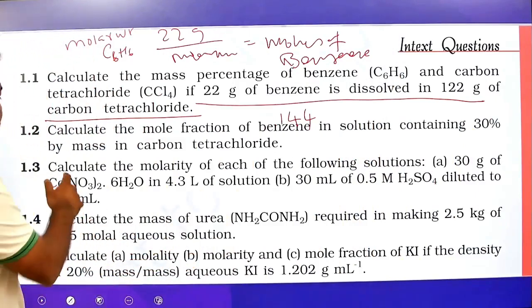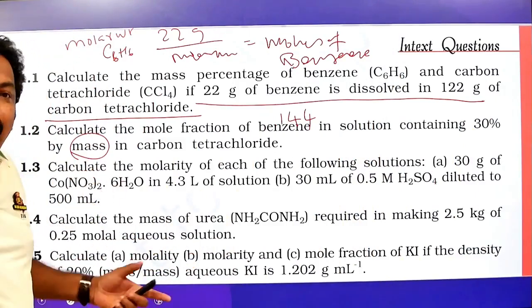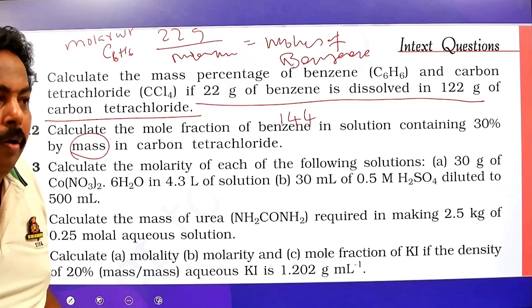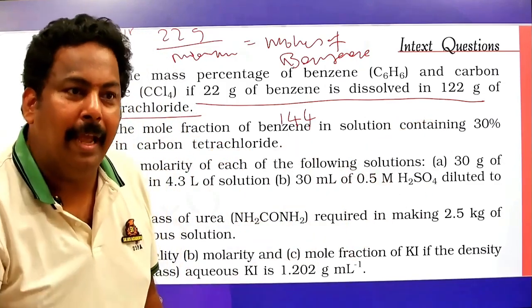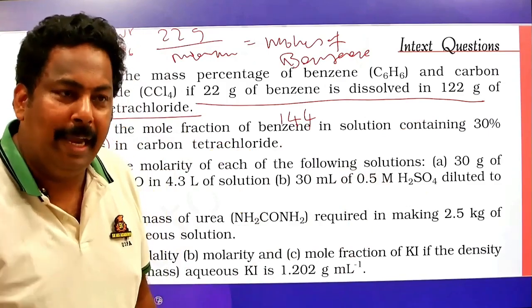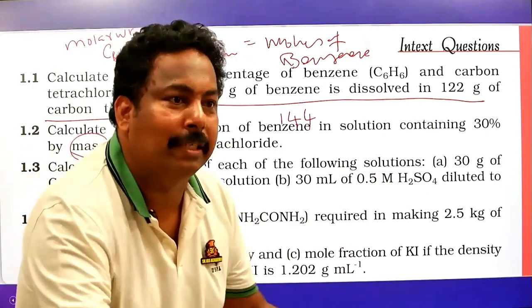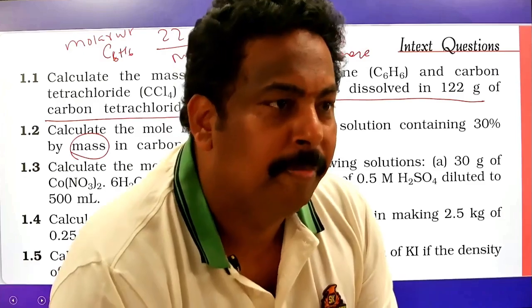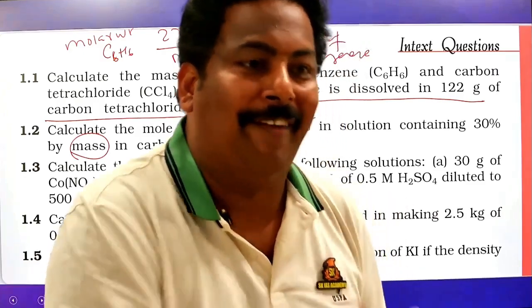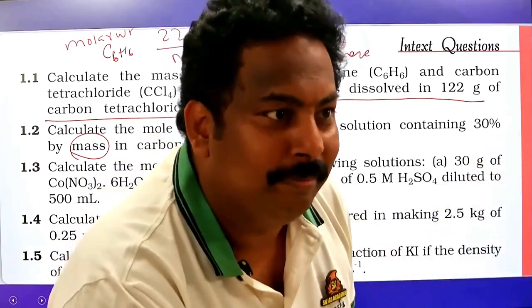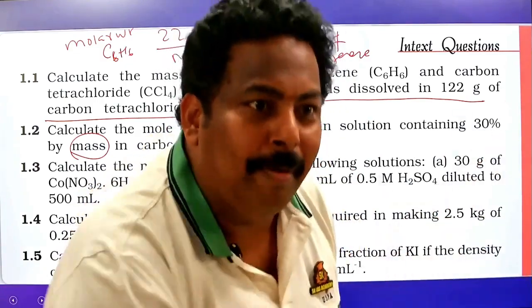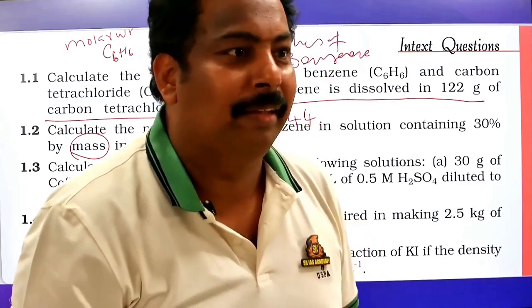So, if they give it by mass or by volume, how does it matter? Na by Na plus Nb, Nb by Na plus Nb, Xa, Xb. After converting to number of moles, it comes to a uniform unit. So whether it is grams or volume, what does it matter?